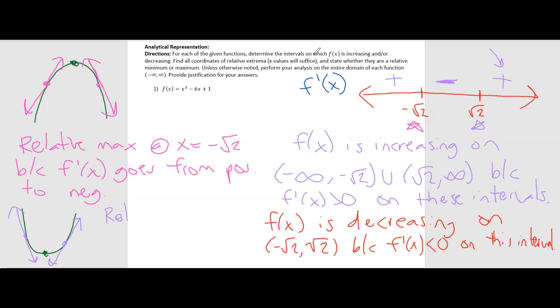So relative min at x equals root 2, because f prime of x goes from negative to positive.